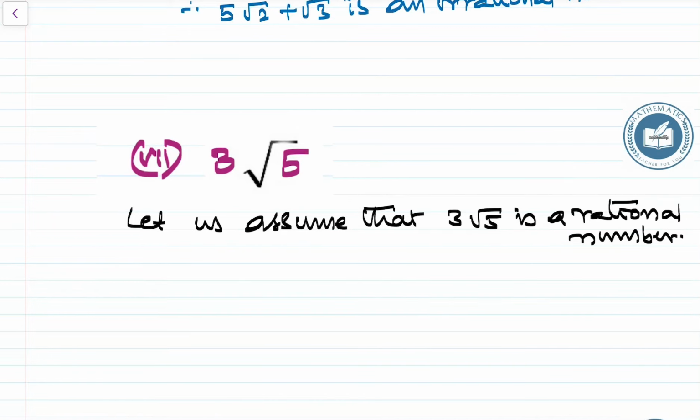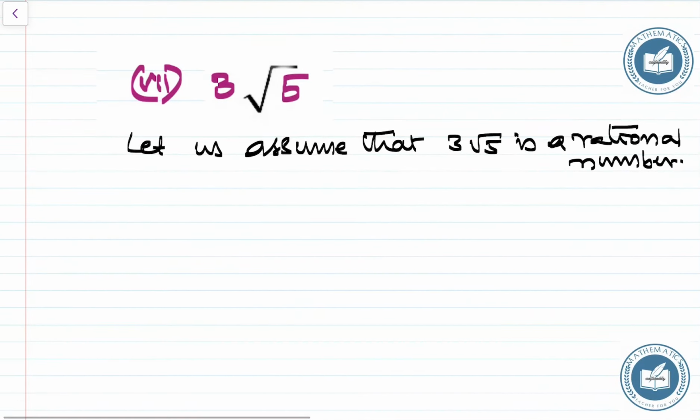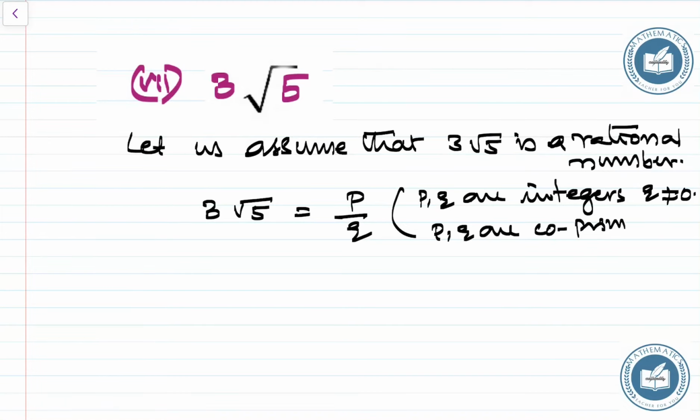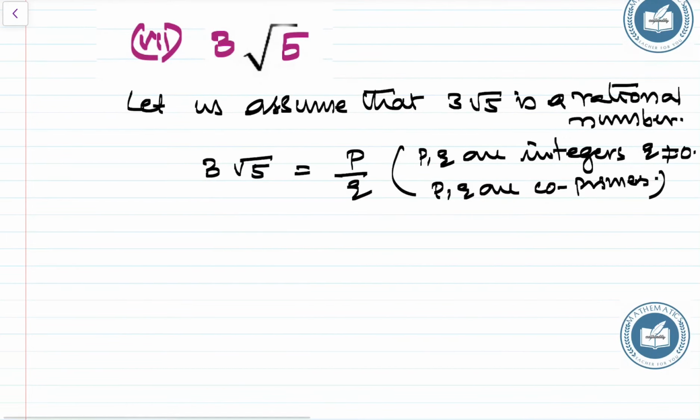It is a rational number, so we can write it in p by q form. Therefore this is equal to p upon q. Here p, q are integers and q not equal to 0 and p, q are co-primes.